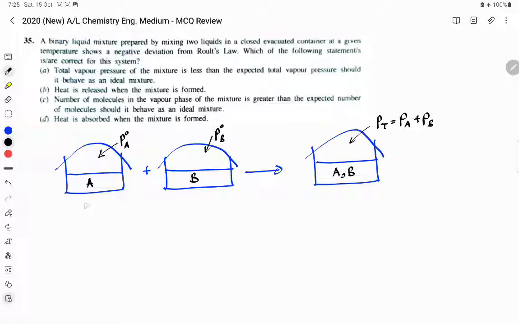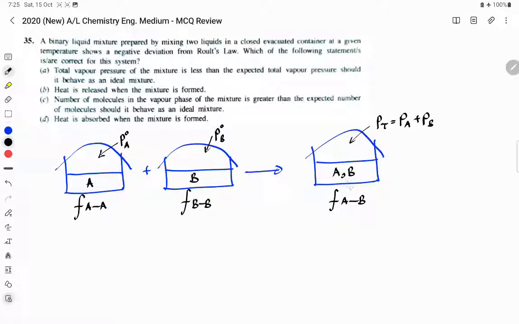When we consider the intermolecular interactions of the pure liquids, in the liquid phase of A the intermolecular interaction is F_AA, and in the liquid phase of B it is F_BB. So these are the intermolecular forces of the pure liquids. The newly formed interaction is F_AB.